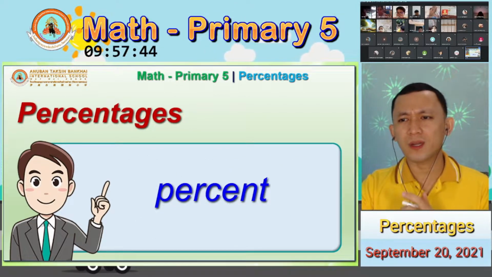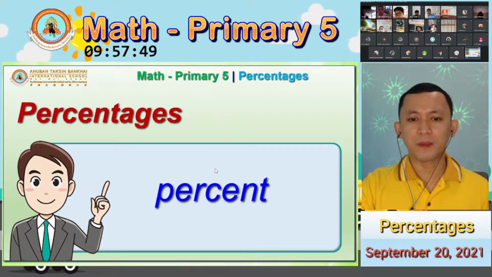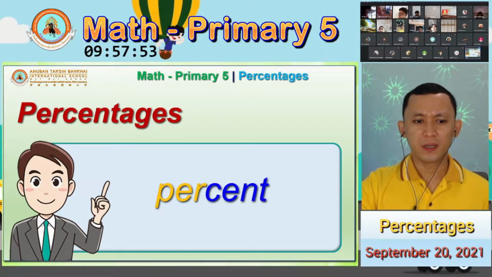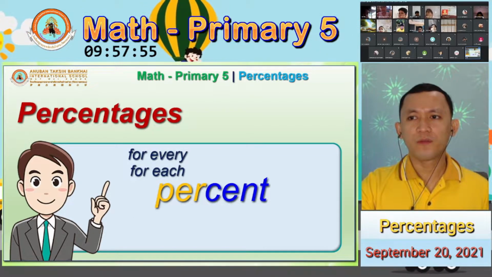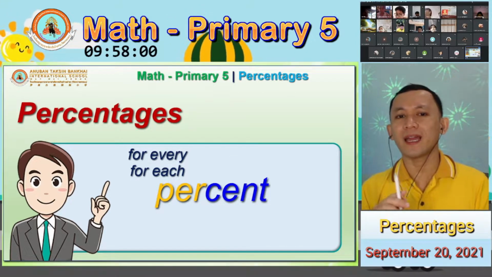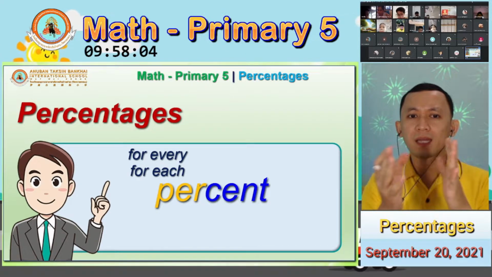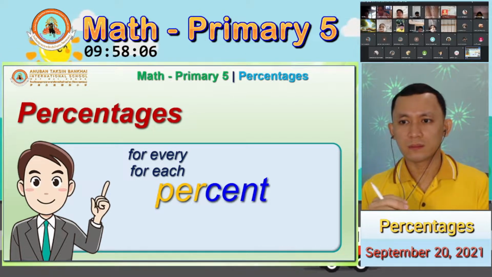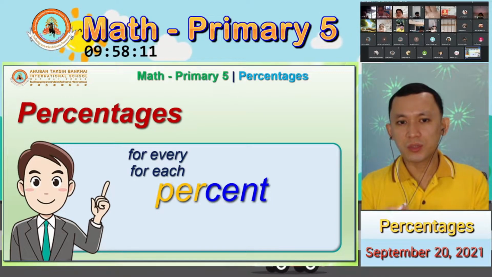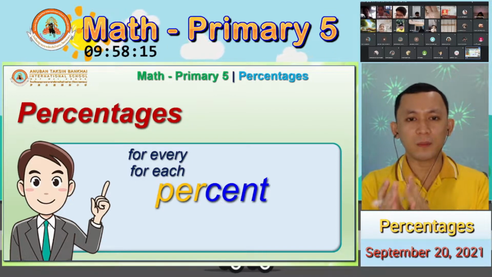Now, percent. When we say percent, it's from the prefix meaning per. What do you mean by per? When we say per, meaning for every, for each. At school, I'll give you 1 box of milk per student.